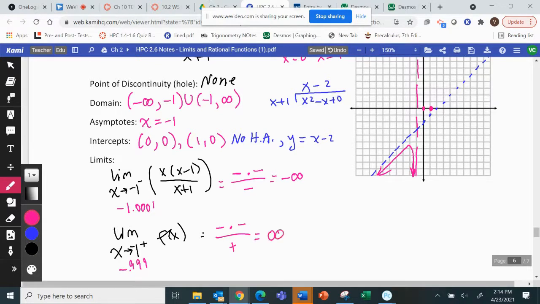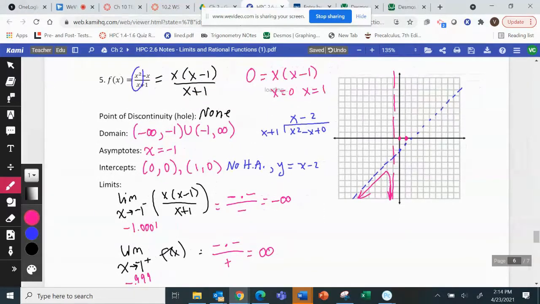So positive infinity. So I'll make sure that this graph goes to positive infinity. And then it uses the slant asymptote. That graph's going to look like that. Hyperbola. Rotated hyperbola.